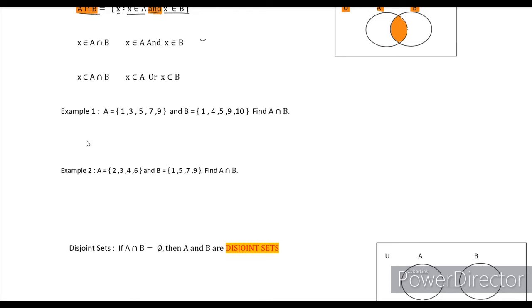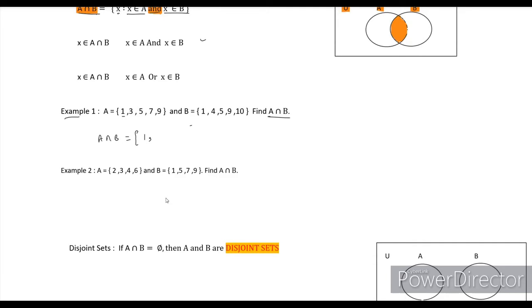There is an example with set A and set B. Write A intersection B. So, we have to find the elements which are common to both sets A and B. 1 is present in both the sets, so we are writing it.